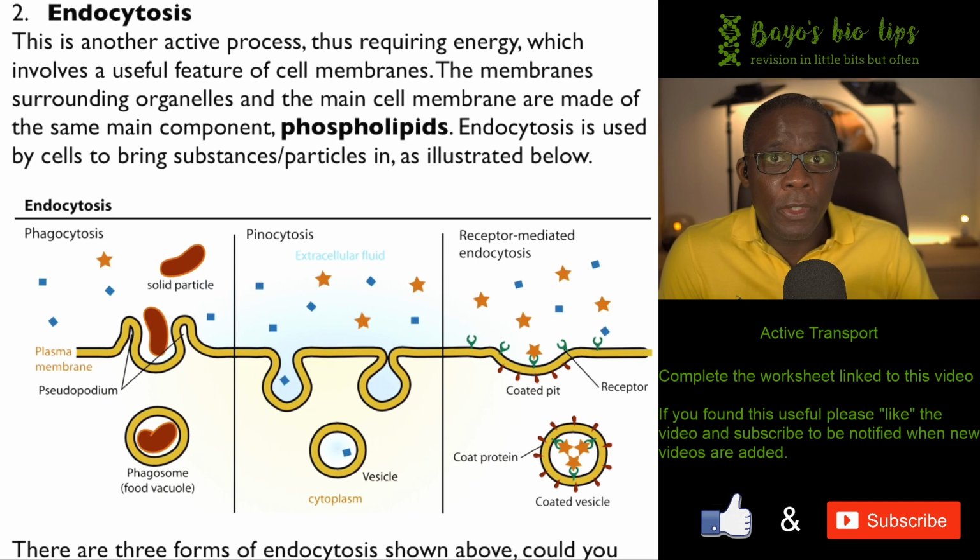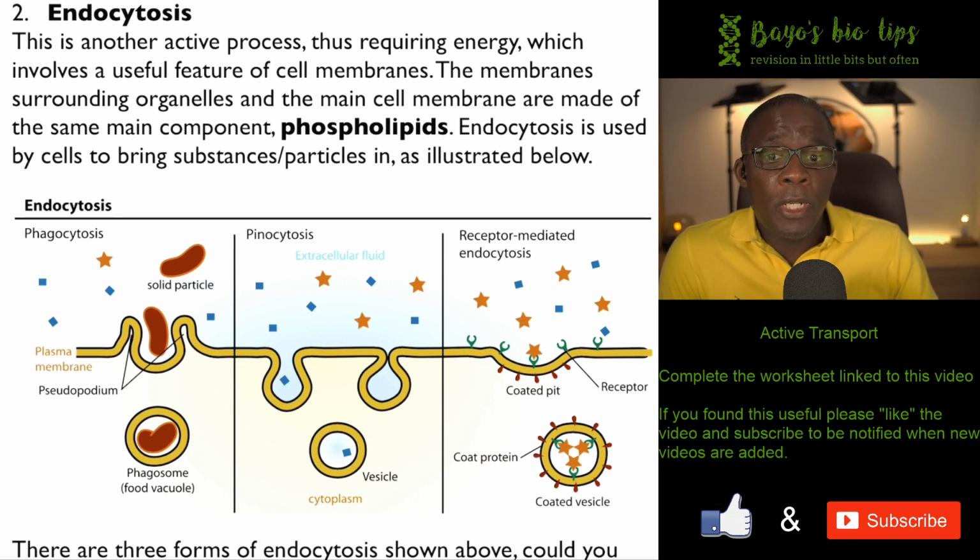You've got phagocytosis, which is bringing in solid particles, or say for instance pathogenic cells, into a cell by making a pocket of their membrane and then forming a vesicle, basically a membrane sac around whatever you're engulfing, and then taking it into the cell. In some cases, it could then be fused with something called a lysosome, which contains enzymes which will break down that solid particle.